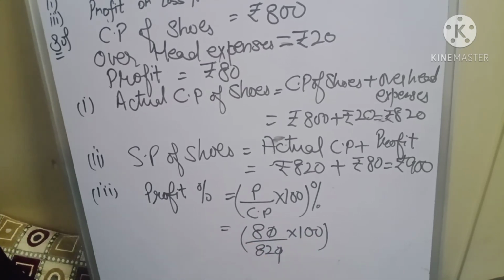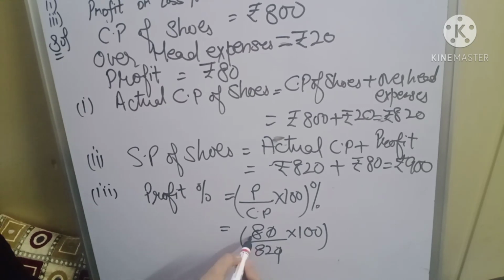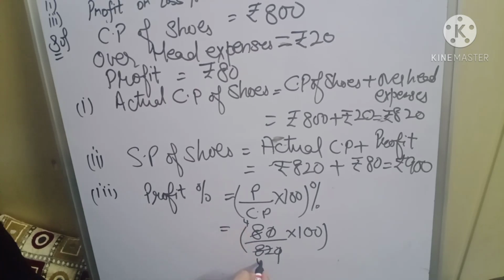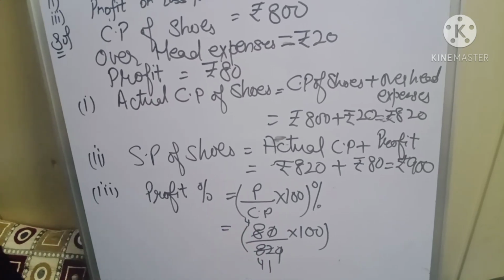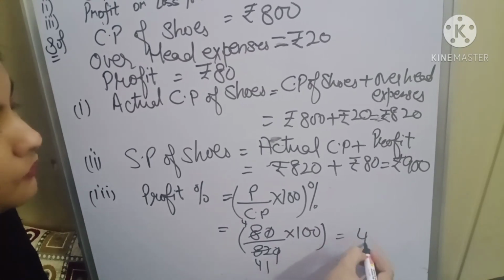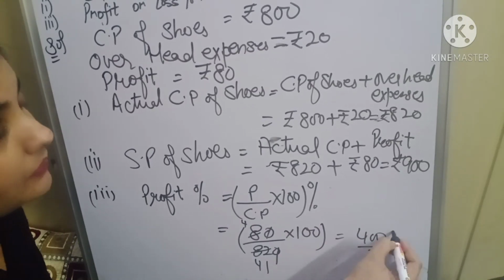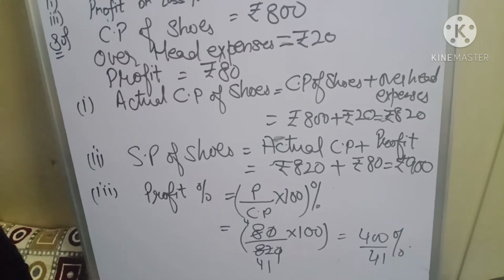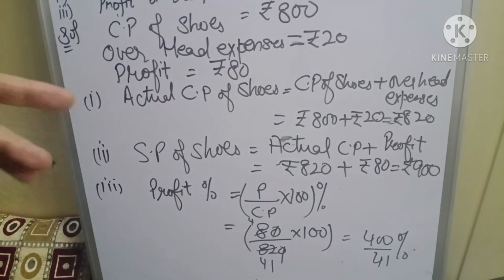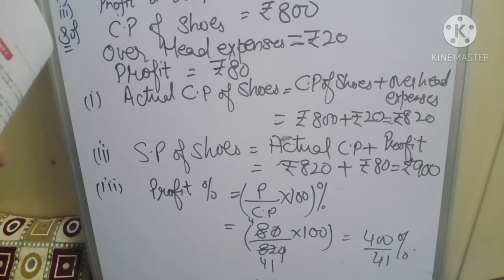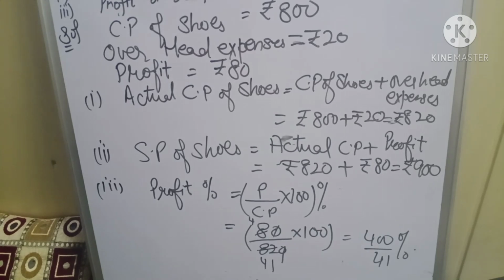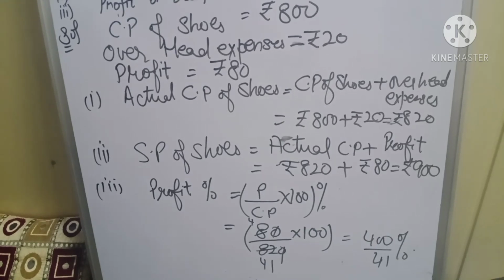The 0 cancels. Table of 2, 4. Here you get 4, 1, 41. That is equal to 400 by 41 percent. You may write it in fraction form or in decimal form. So the profit the shopkeeper gets is 400 by 41 percent.